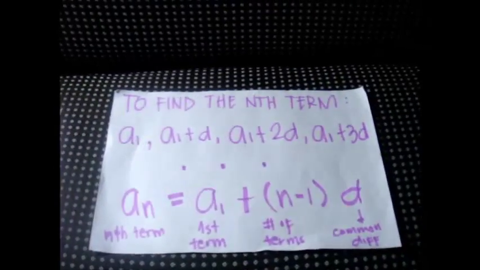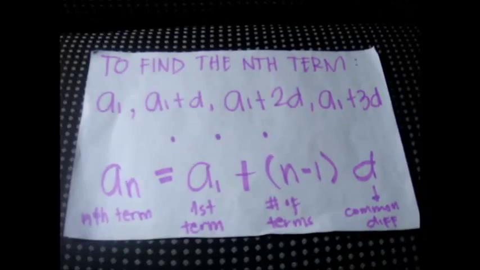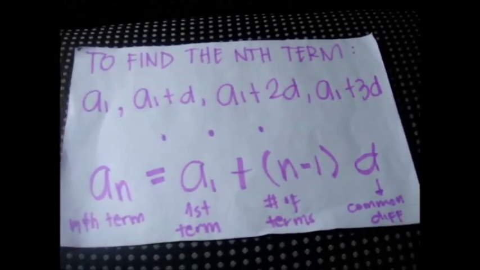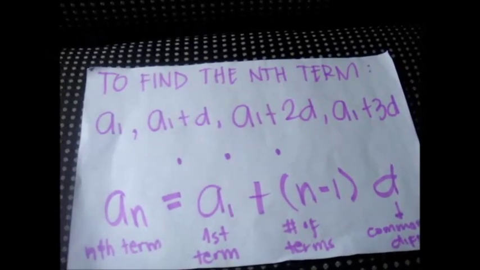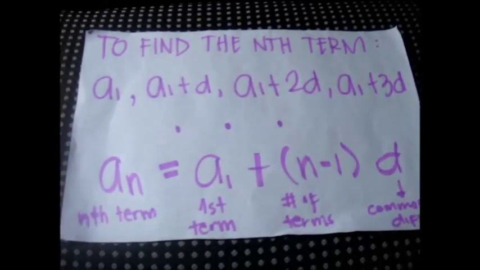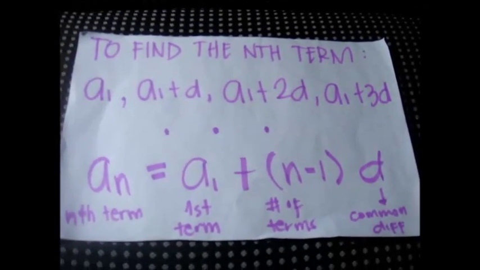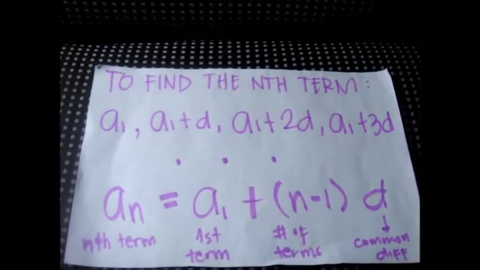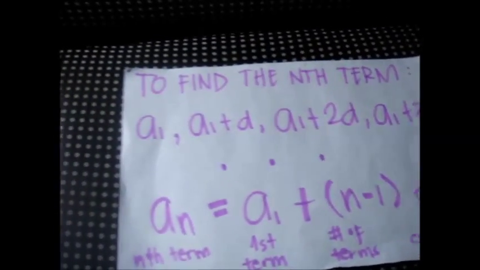Next, to find the nth term, we can use the equation a sub n is equal to a sub 1 plus n minus 1 multiplied to d, where a sub n is the nth term, a sub 1 as the first term, n as the number of terms, and d as the common difference.